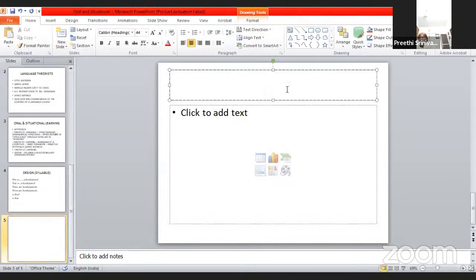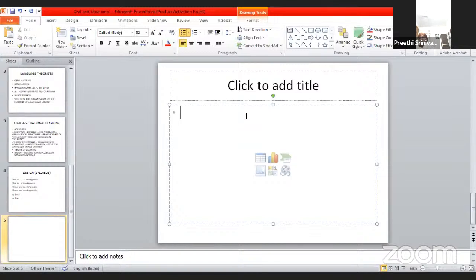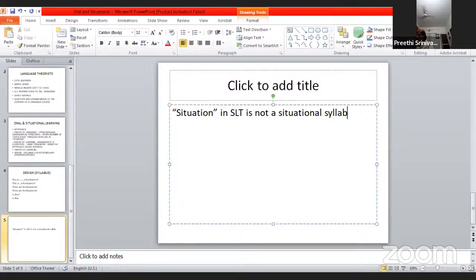What does the word situation mean? So, situation in SLT, situational learning and teaching, is not a situational syllabus in the sense that this term is sometimes used.